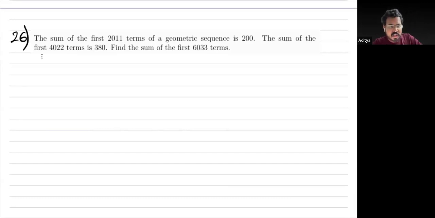Rishit, no, it's not that large. Harshit, very close, but not correct. You're off by 2. Check where you might have gone wrong. This is a geometric sequence that I'm talking about, okay, not arithmetic. Harshit, your answer is correct for an arithmetic sequence. Actually, it's not correct for arithmetic also. It is correct for arithmetic, sorry.